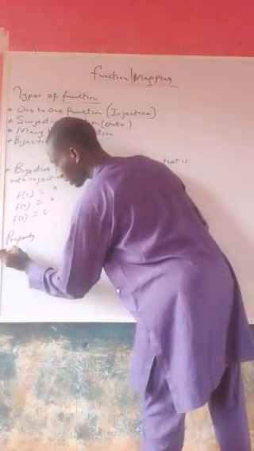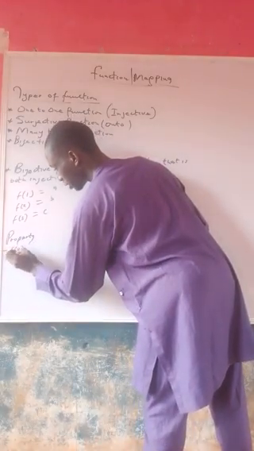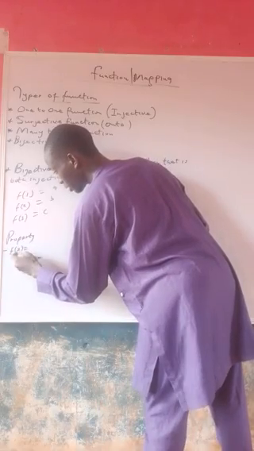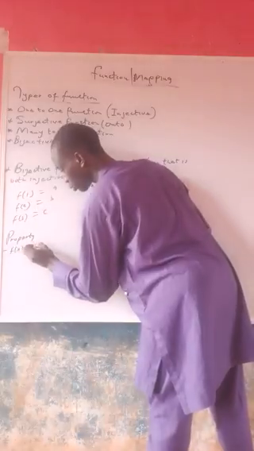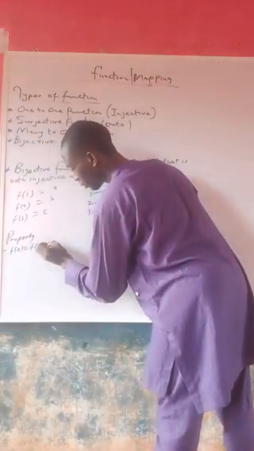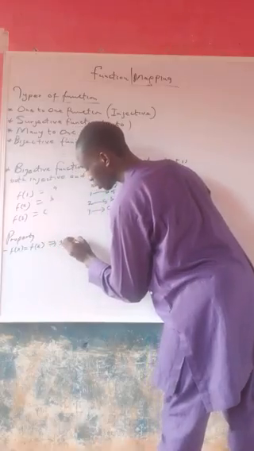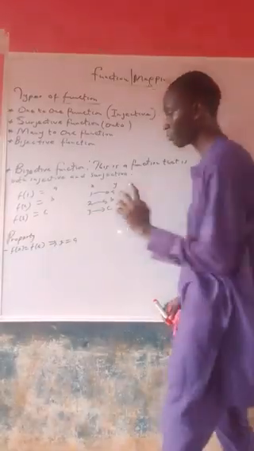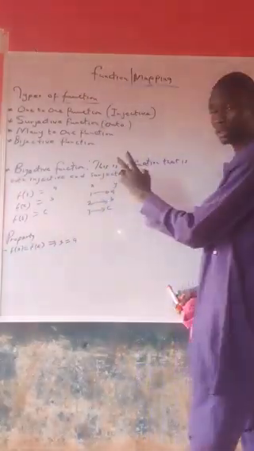The property 1 is that f of x must be equal to f of a, implies that x equals a. The same thing as f of x1 and f of x2 that I made use of in the first illustration I gave to you.